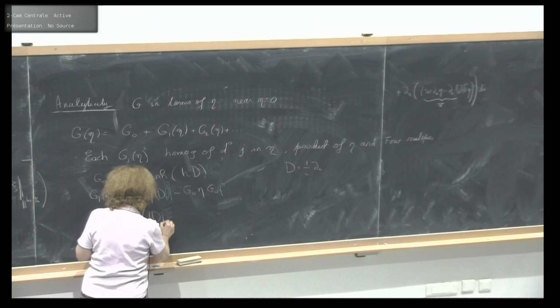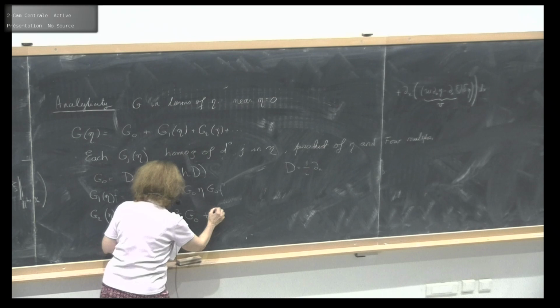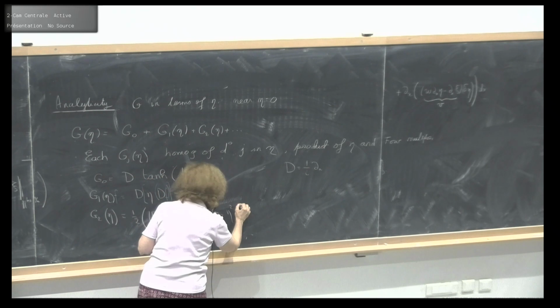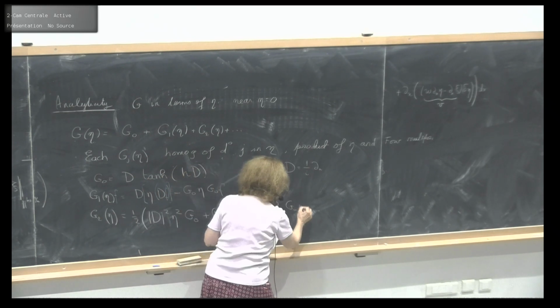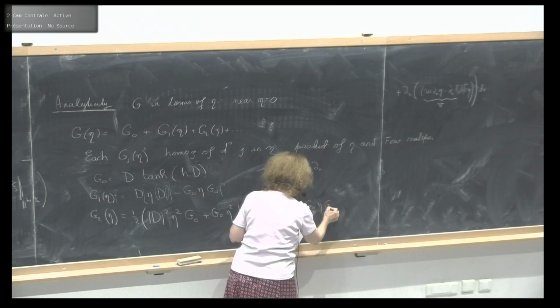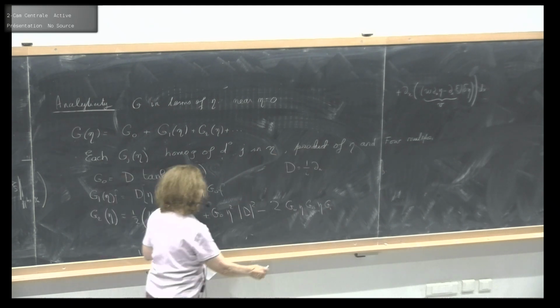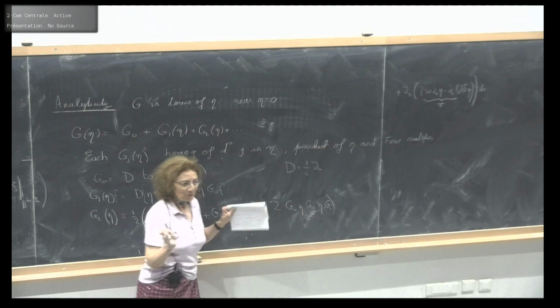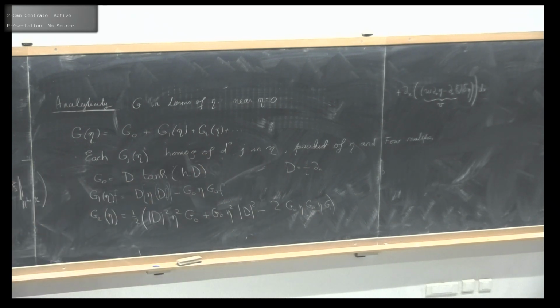Well, and then there is a 2, G0 eta G0 eta G0 eta G0. So it's possible to calculate it. I'd like to show you very fast how this calculation comes up.